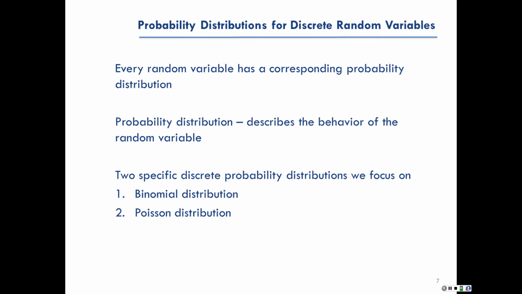Okay, so let's talk about probability distributions for discrete random variables. Every random variable has a corresponding probability distribution, and that probability distribution describes the behavior of the random variable. We're going to talk about 2 specific probability distributions for discrete random variables, the binomial distribution and the Poisson distribution.